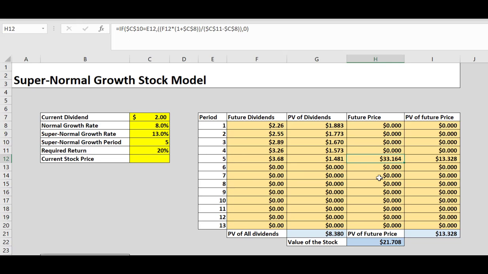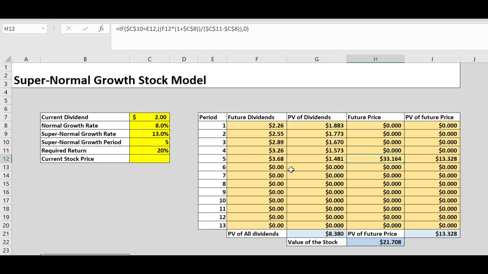Now we also calculate what we think the price will be at the end. This just reverts back to the stock valuation model using dividends. It's D1, so we need to calculate what the dividend is going to be in year 6. We have that formula, divided by the difference between the required return and the now normal growth rate.